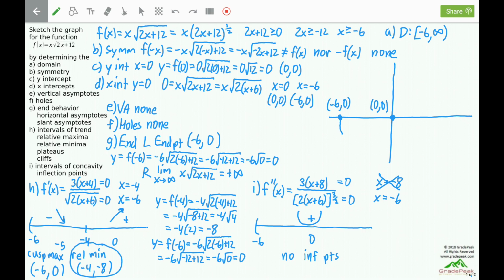At the point -4, -8, we have a relative min. It's a normal relative min. So that'll be down here somewhere.